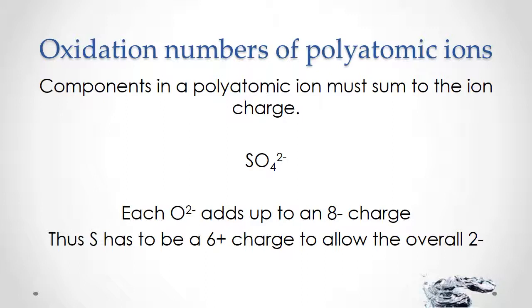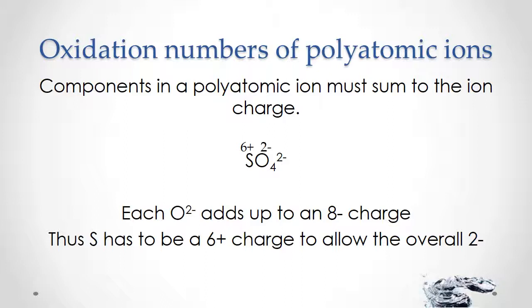In order to have the ion have an overall 2- charge, the sulfur then has to take on a 6+ charge to counteract the excess electrical charge from the oxygens. You can do this, finding the individual oxidation states for almost every atom in a polyatomic ion.